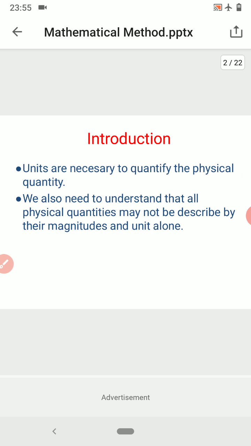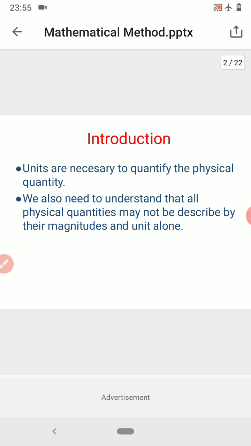We also need to understand that all physical quantities may not be described by their magnitudes and units alone. There are some physical quantities which require direction, and to find the position of the object or the physical body, you require the direction.